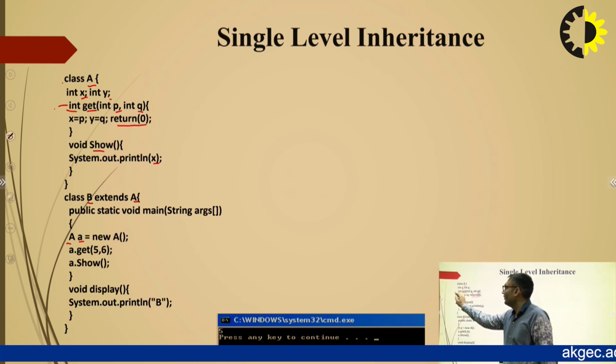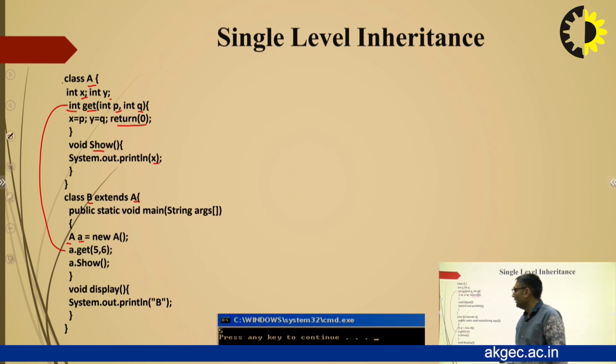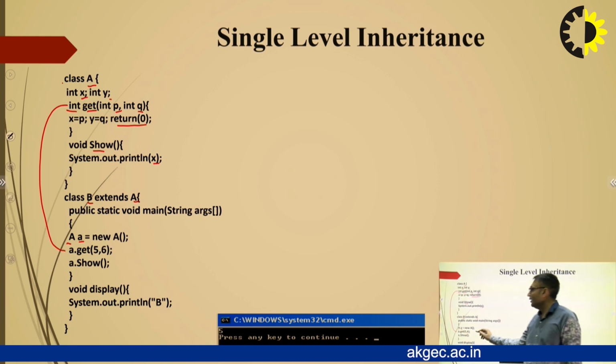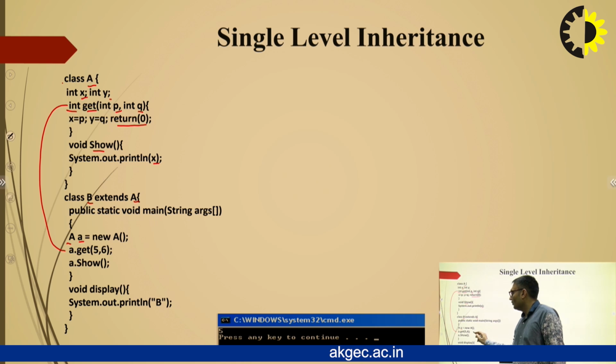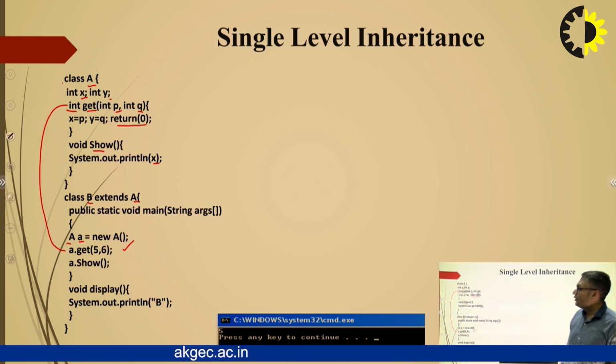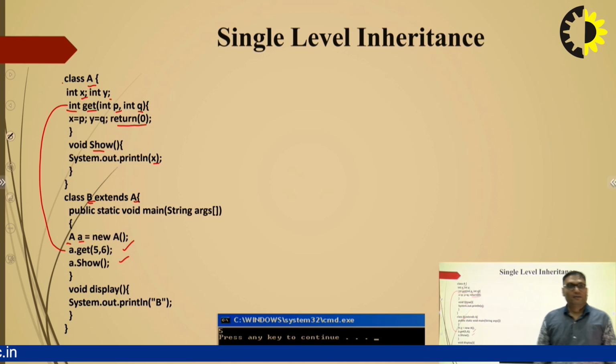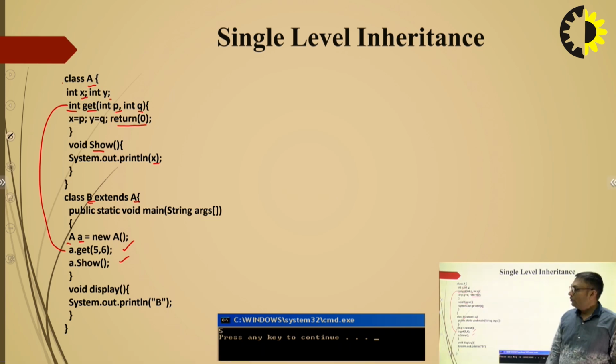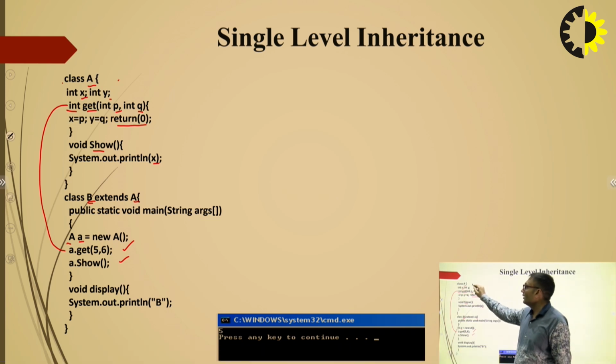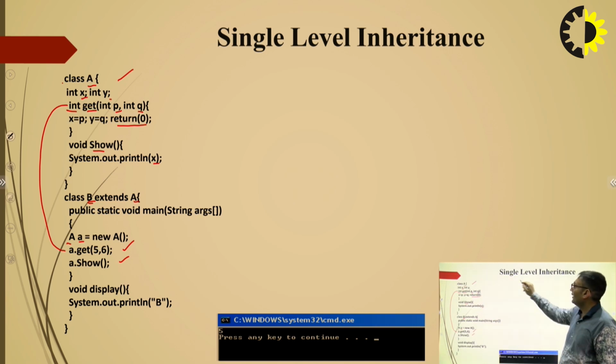So get and show are methods of the parent class, which are accessed inside the child class. Here there is only one superclass and one child class, so the type of inheritance is single level inheritance.